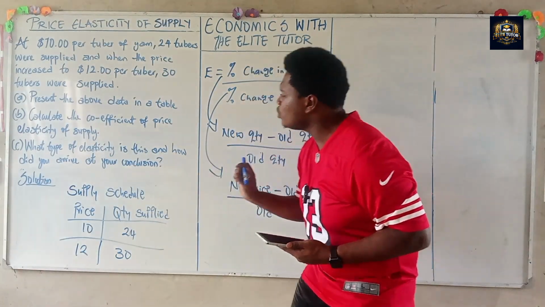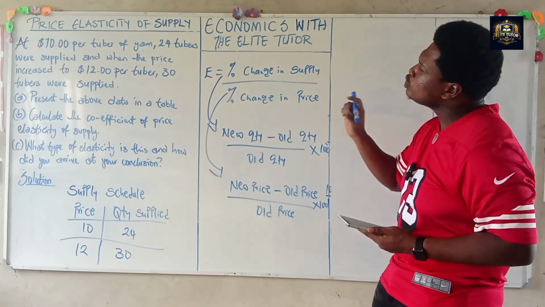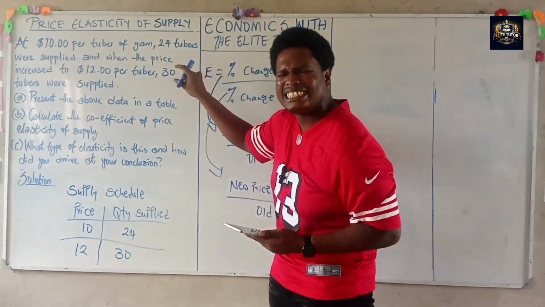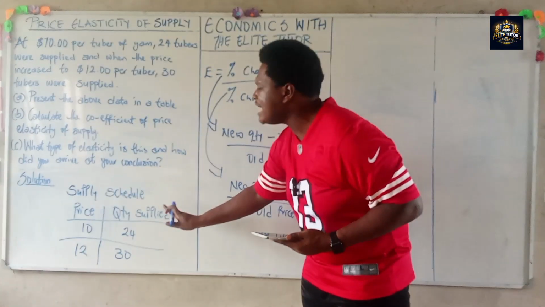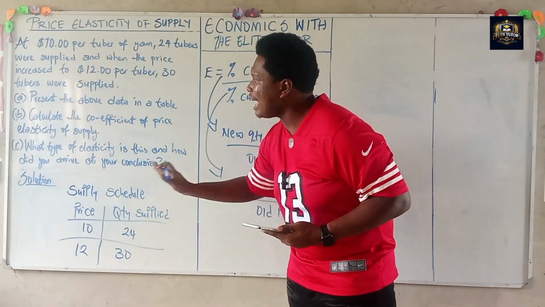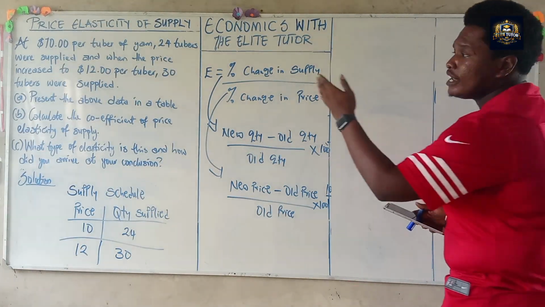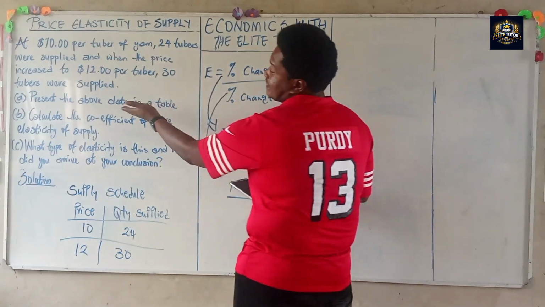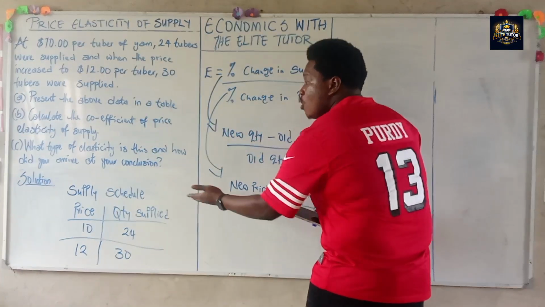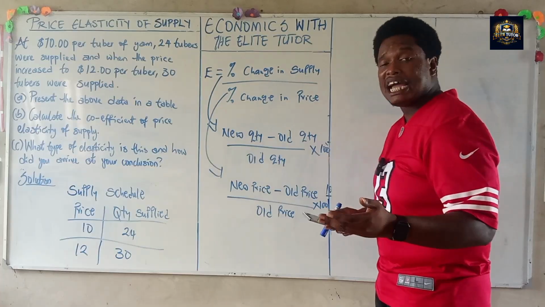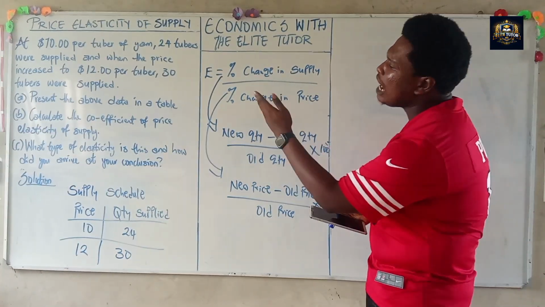Now, back to our question, we've been able to illustrate this information in a table. And this table is our supply schedule. The question first of all asks us to present the above data in a table, which is what we've done. And the table they are asking us is the supply schedule. Now we have the B part.